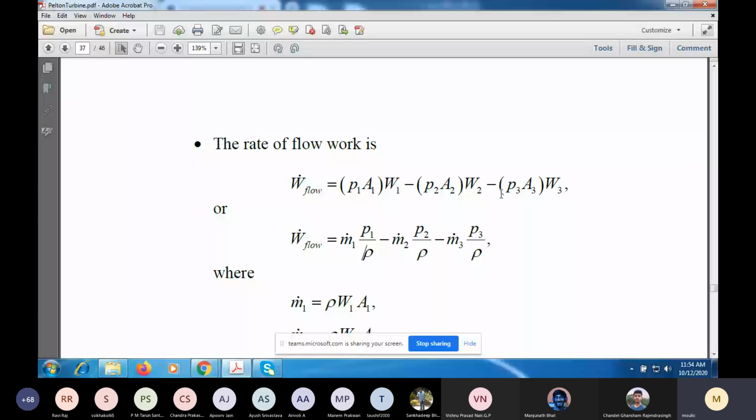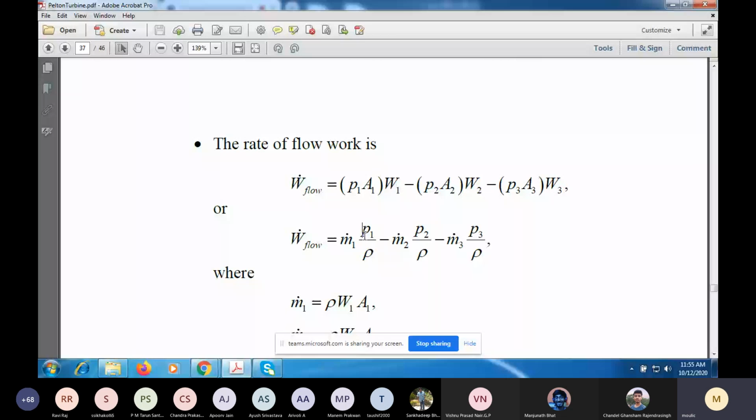So we have m1 dot into P1 by rho, minus m2 dot P2 by rho, minus m3 dot P3 by rho. Now P by rho, when the flow is steady and the density is constant, we have seen before, is like a potential energy associated with pressure.